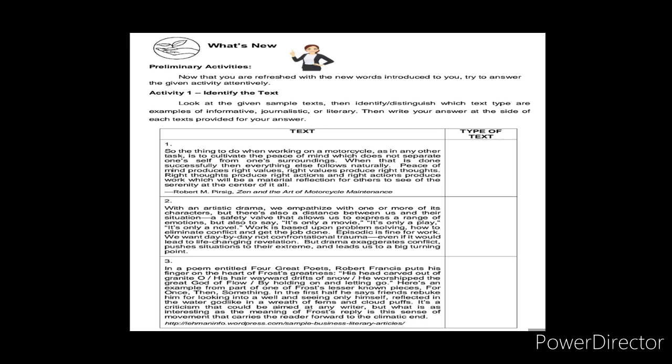Number 3. In a poem entitled Four Great Poets, Robert Francis puts his finger on the heart of Frost's greatness. His head carved out of granite, or his hair wayward drifts of snow. He worshipped the great god of flow by holding on and letting go. Here's an example from part of one of Frost's lesser-known pieces.